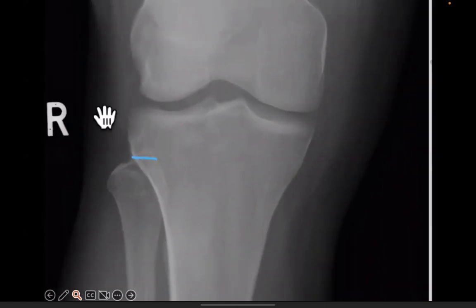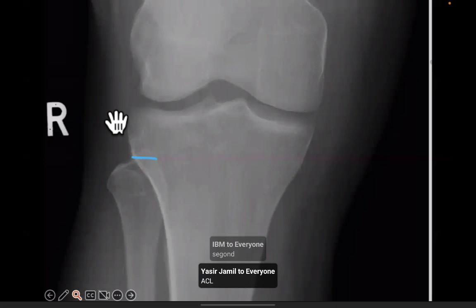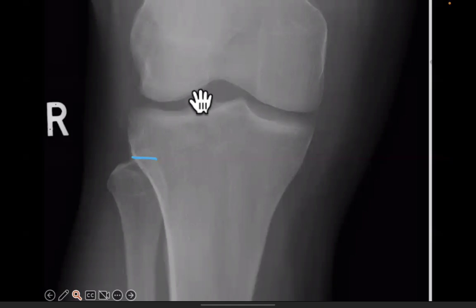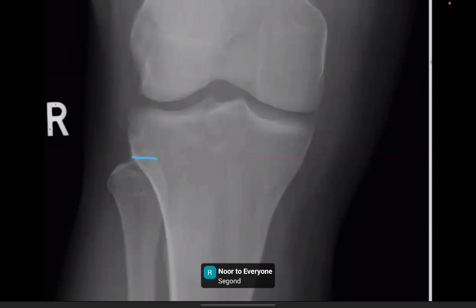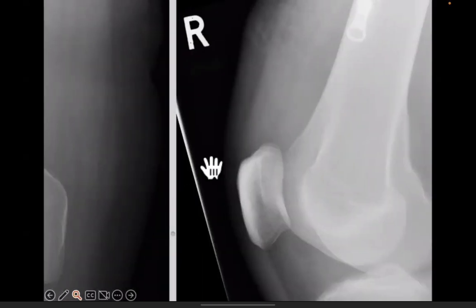Can you see a fracture just there? Yeah, that's a fracture at Gerdy's tubercle. So this represents a second fracture. And you've really got to worry about an ACL rupture in this particular patient. Okay, so second fracture with an ACL rupture.